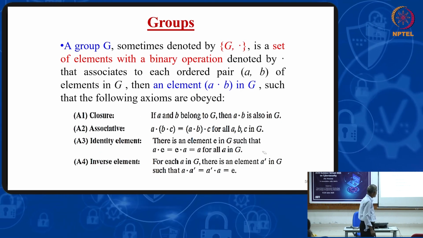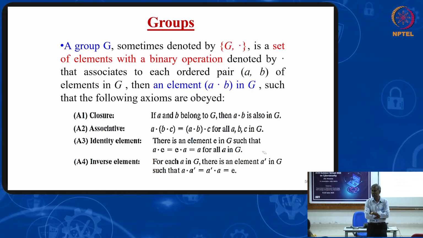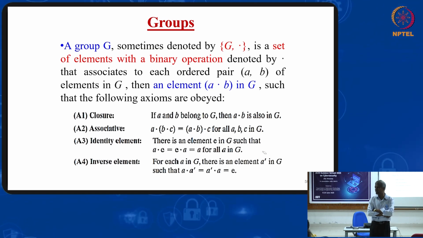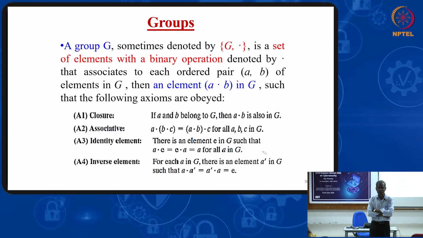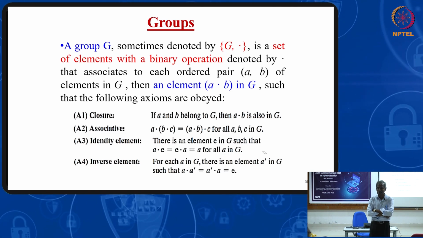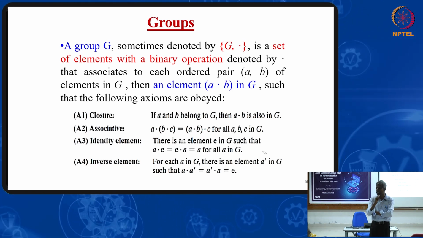These are the axioms for group. Can you say the cube roots of unity with respect to multiplication form a group? You heard about cube roots of unity? Or I will take a simple example. The set of integers with respect to addition will form a group.